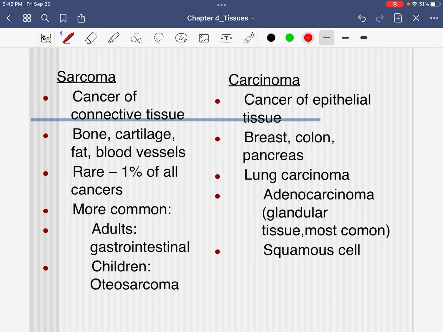It could be the epithelial tissue lining a gland, the epithelial tissue lining lungs, whatever. And a sarcoma is a cancer involving connective tissue, much rarer, but these are named based on the tissue types they affect. But not going to be on a test.